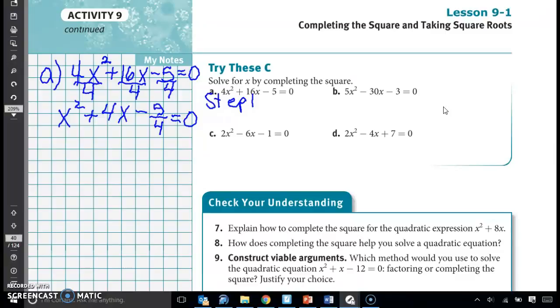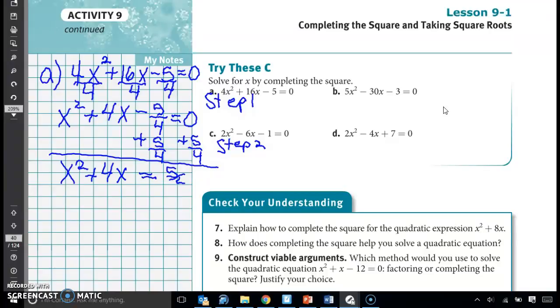Alright, so now step 2 says that we need to move that negative 5/4 to the other side of the equal sign, so we just have x's on the left side and numbers on the right side. And this is step 2. So that gives us x squared plus 4x equals 5 over 4.